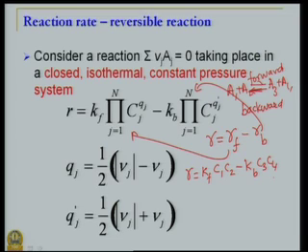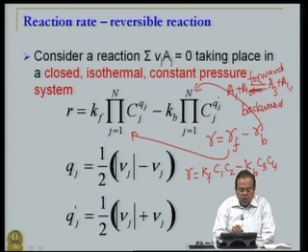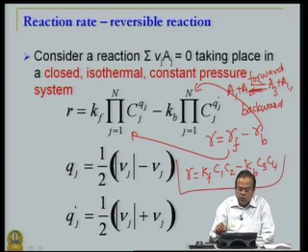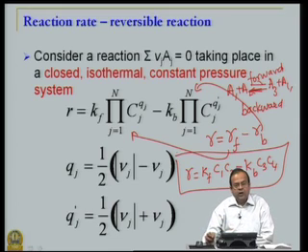And if you take the generalized power law kinetics Qj prime, put the appropriate values of nu j's, you will find that this is the rate we get, and this is the law of mass action kinetics for a reversible reaction.